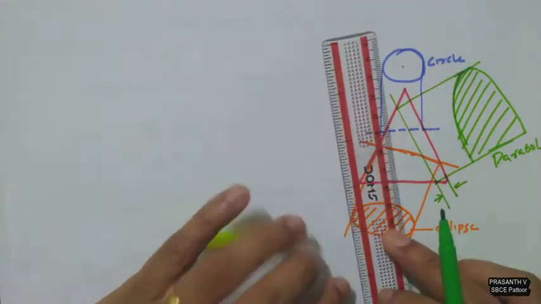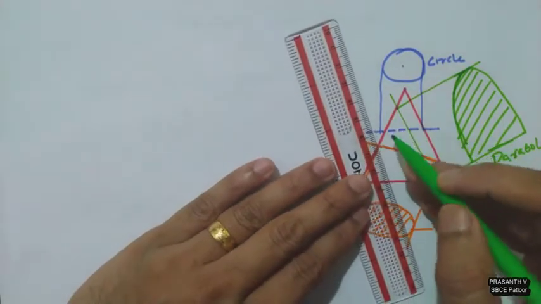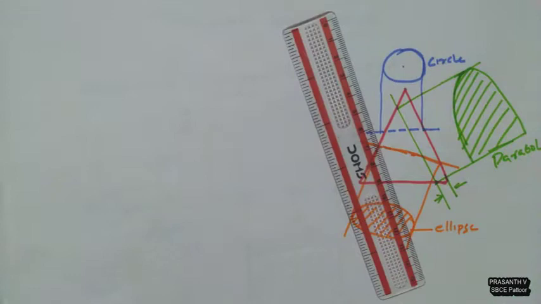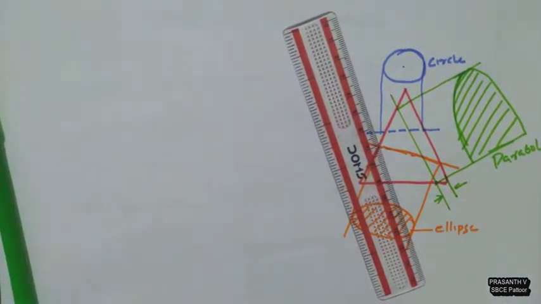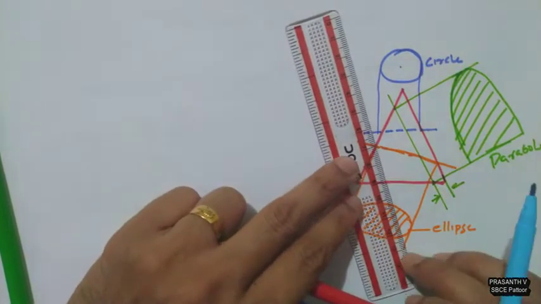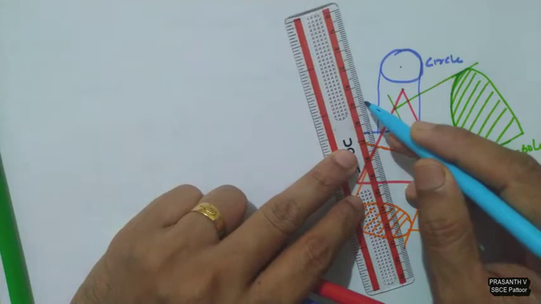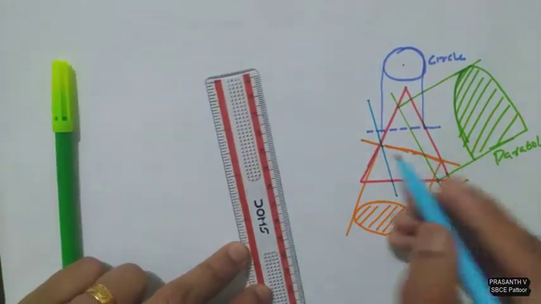If I cut the cone with any other angle through the base, other than parallel with the end generator, you just construct a section plane at any angle other than parallel to the end generator.